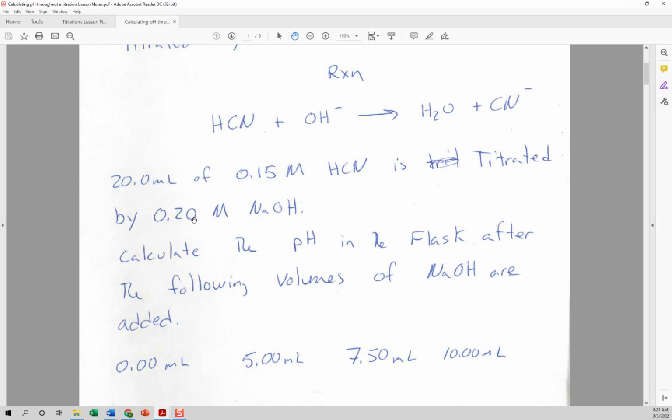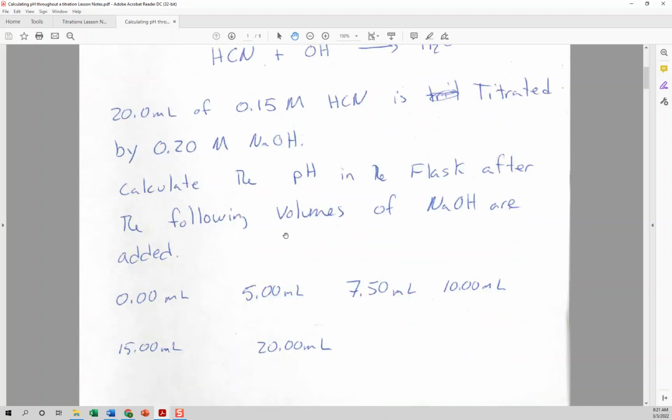And we want to calculate the pH in the flask after these volumes of NaOH have been added. So after 0 milliliters, so before the titration, after we add 5 milliliters, after 7.5, after 10, after 15, and after 20.